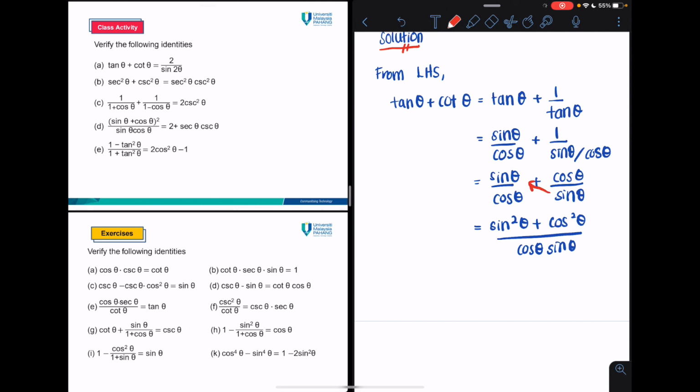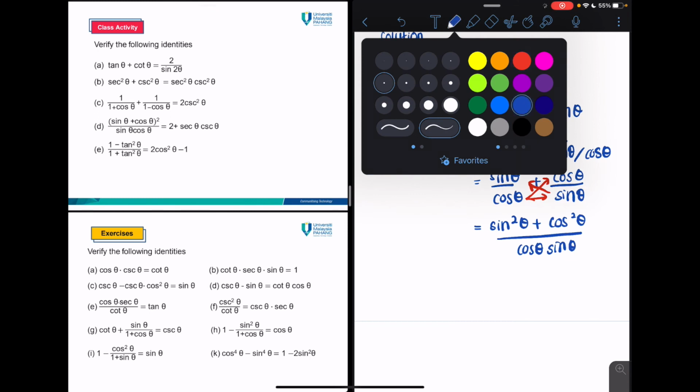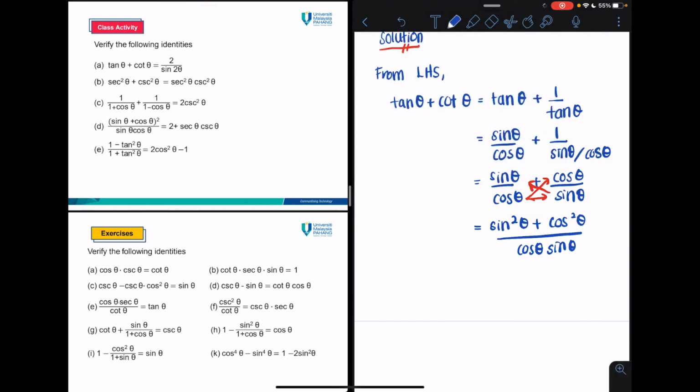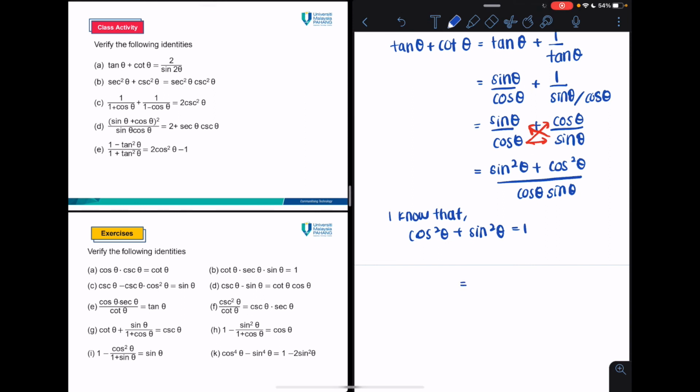Okay, this one times this one, and that one times that one. And then from here, I know that cosine squared theta plus sine squared theta equals 1. Therefore, the numerator will become 1 over cosine theta sine theta.